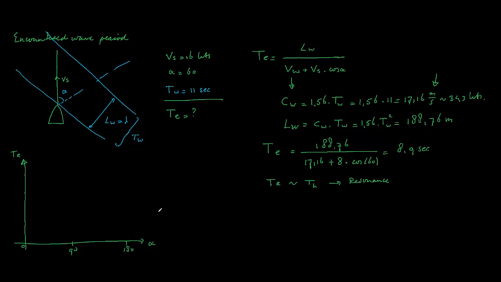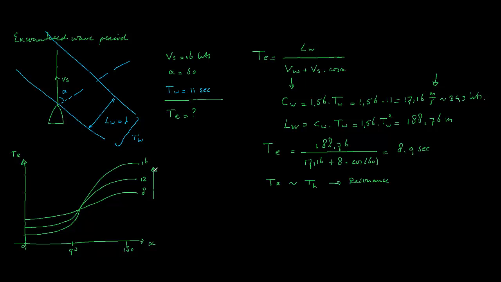Here we have the encountered wave period. So we could say that graphs normally look something like this, and there's another one coming in from there, going that way, or even something like this. These are the different ship speeds, say 8, 12 and 16 knots.